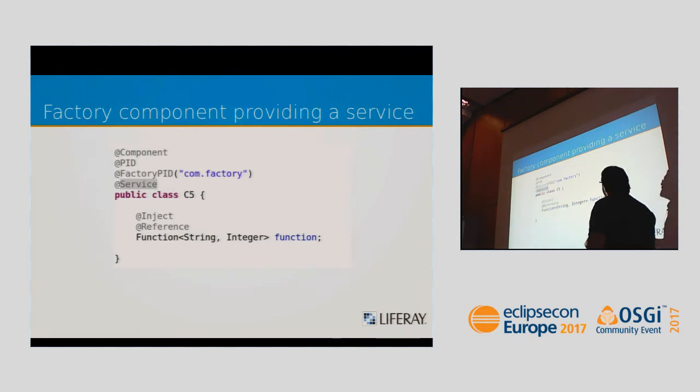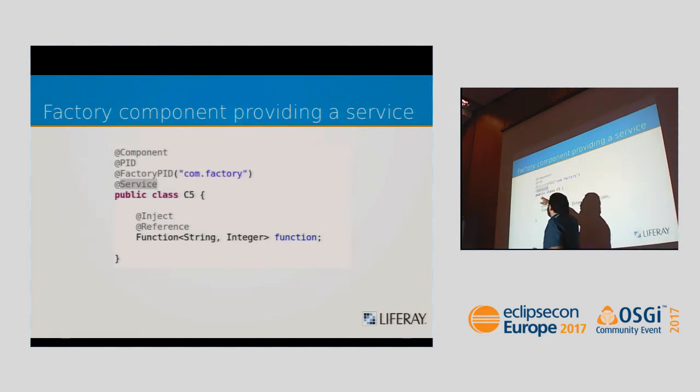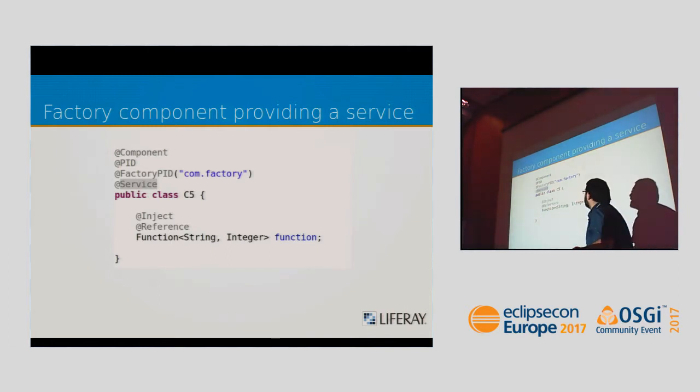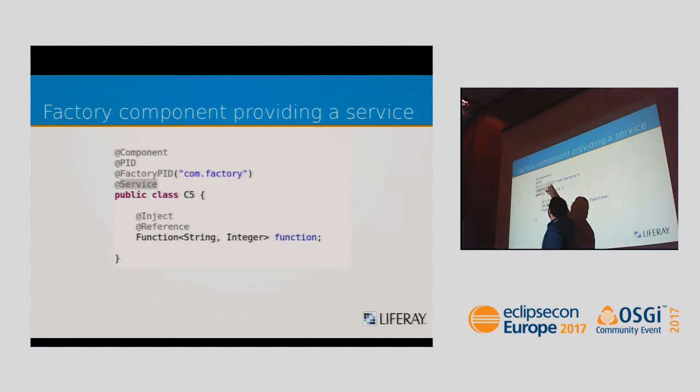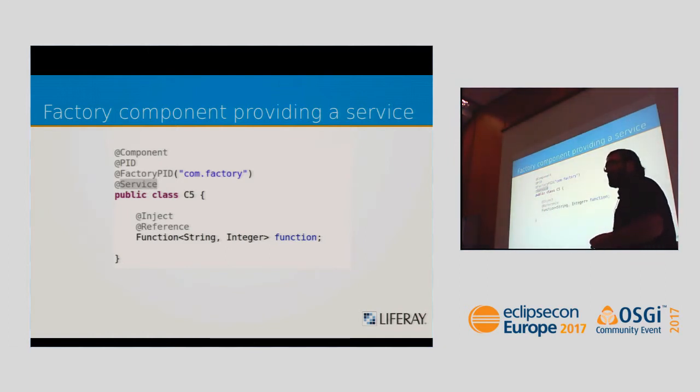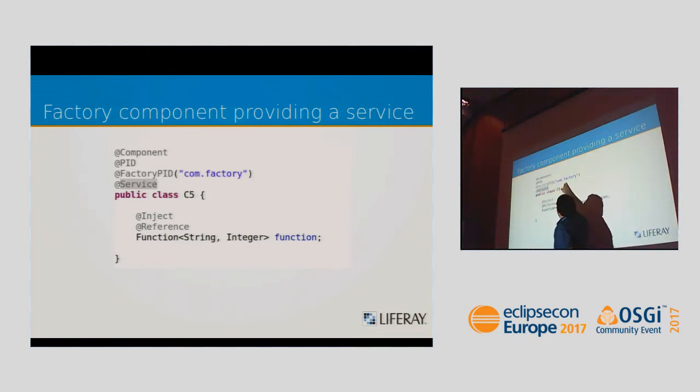And so, unlike the PID annotation, which is a repeatable annotation, we have a factory PID annotation, which is not, which means that you can only specify one factory PID per component, which is reasonable, because every time a new instance of this factory configuration is created, a new instance of this bean or of this component and its graph will be created.